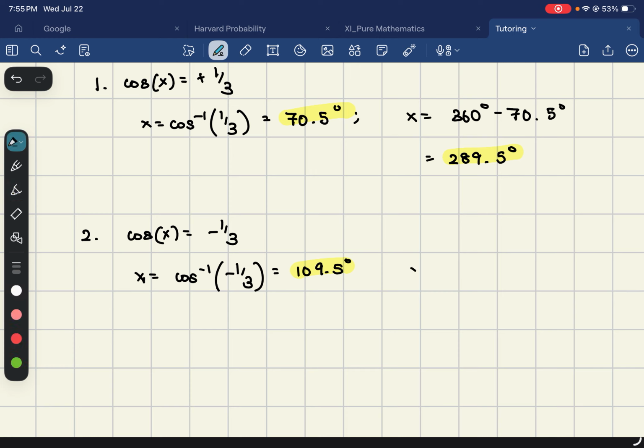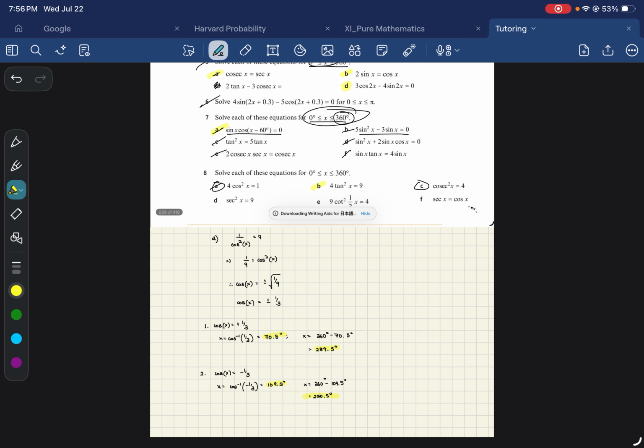And to get another solution, I can again subtract from 360. Why? Because remember, cosine of x is equal to cosine of 360 minus x in degrees. So 360 minus this value gives me 250.5 degrees. All right, so we have our four solutions: 70.5 degrees, 109.5 degrees, 250.5, and 289.5 degrees. All right, so we are done with D.